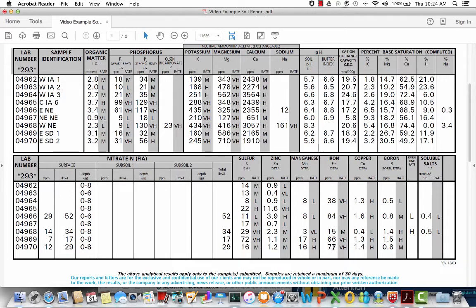So moving into copper, basically we're looking for around 1 part per million. Most all of these samples have that. There again is the one exception, the high pH soil. Again, I would say copper most likely is being tied up by that high pH, so it's limiting its availability to the plants, and that's what we're seeing here in the DTPA extract copper.